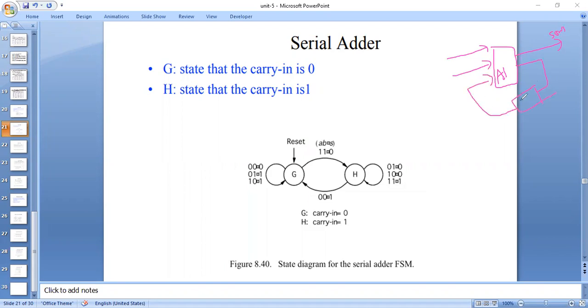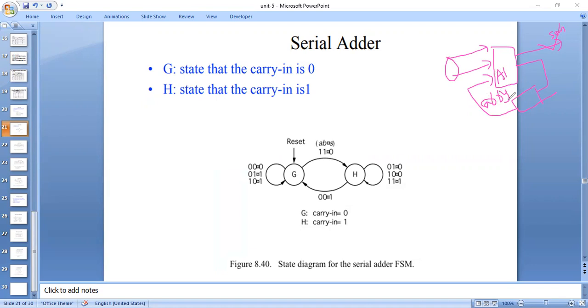That carry is what we call the present state. Along with the normal inputs, we have another input, which is the present state. Depending on whether this carry is 0 or 1, you will get the next state and the output, what we call the sum.